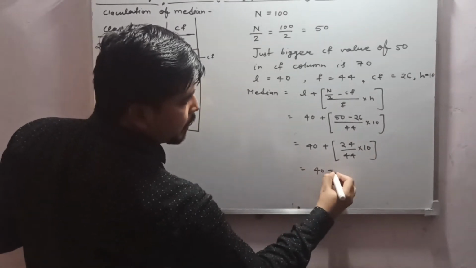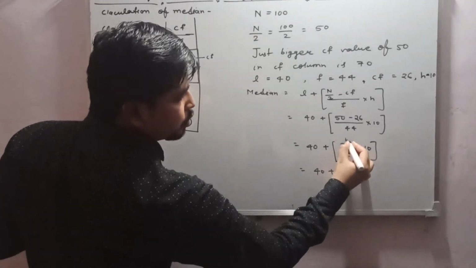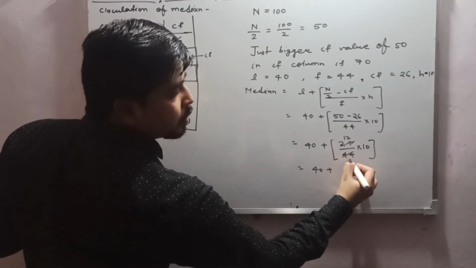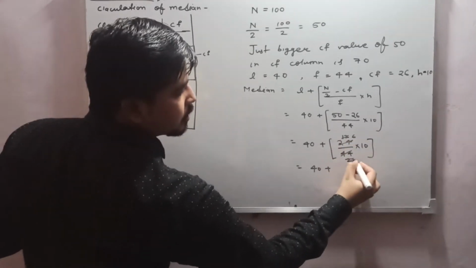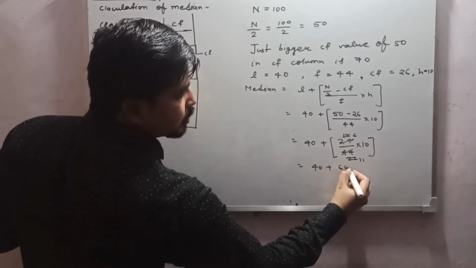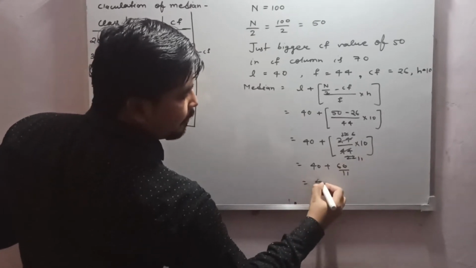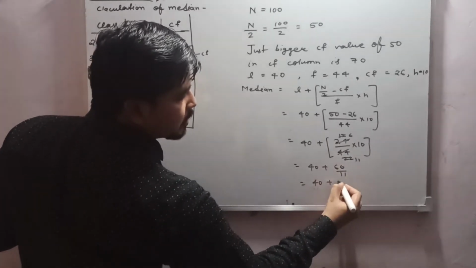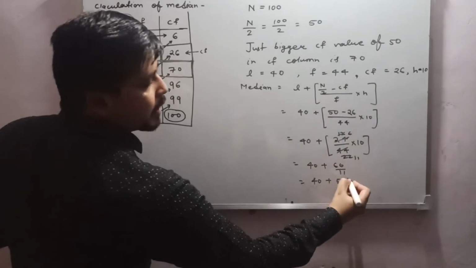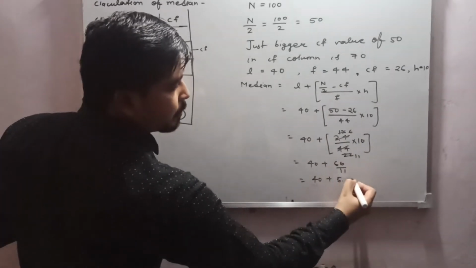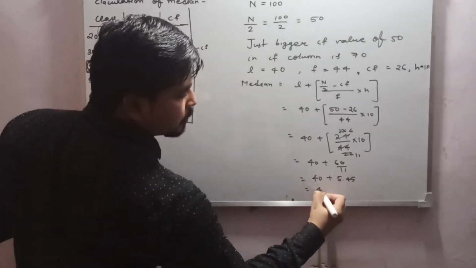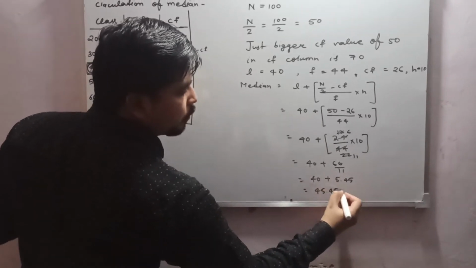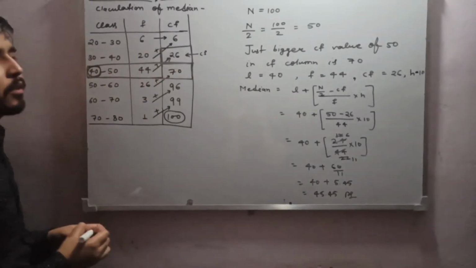Cancelling by 2, we get 12 upon 22, again 2, 6 upon 11, so 60 upon 11. Now 40 plus, 11 fives are 55, remainder 5, and so on. So the answer is 45.45. This is your median.